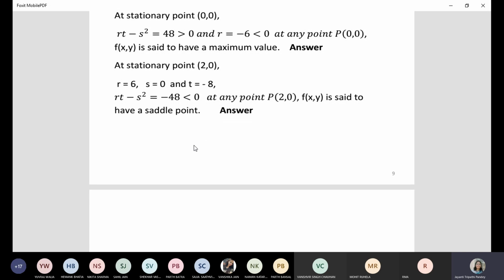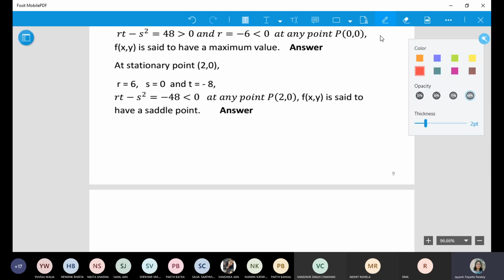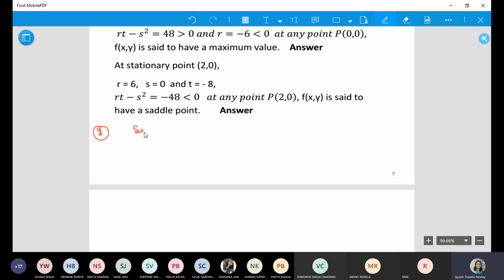Discuss the maximum and minimum of. Now this time I am giving you a trigonometric function: sin x plus sin y plus sin(x plus y). And this is your f.